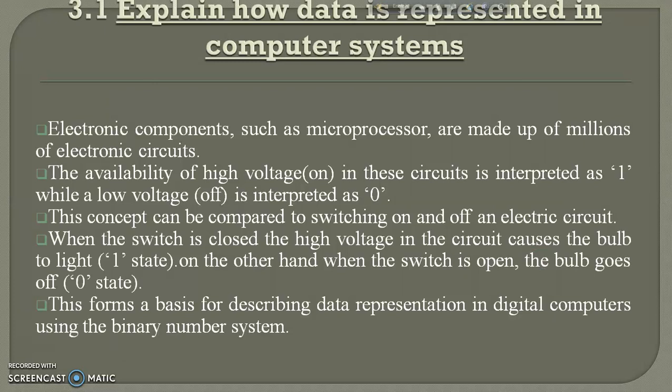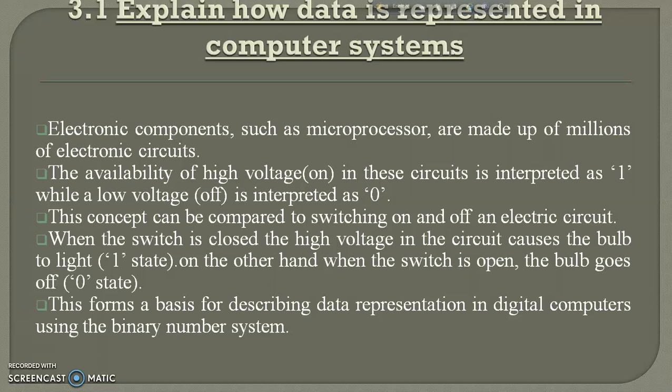3.1 Explain how data is represented in computer system. Electronic components such as microprocessors are made up of millions of electronic circuits. A high voltage in these circuits is interpreted as one, while a low voltage is interpreted as zero.